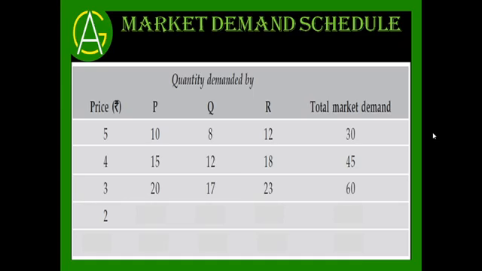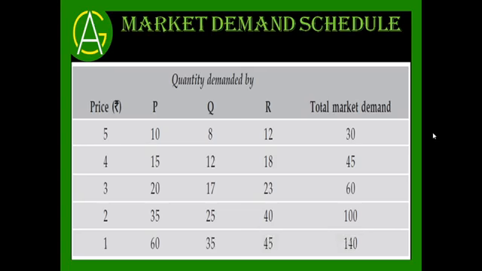At the price of 2 rupees, again the demand of P has increased to 35, Q demand has increased to 25 and R has demanded 40 units. So the total market demand is 100. At the price of 1 rupee, demand is 60, 35 and 45.